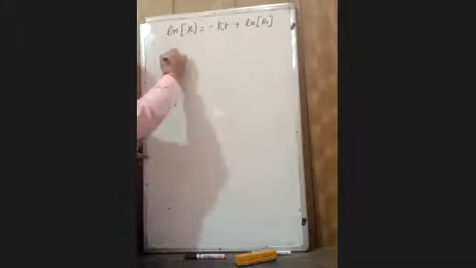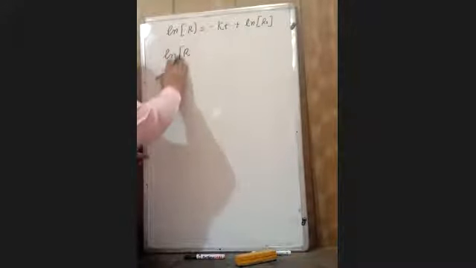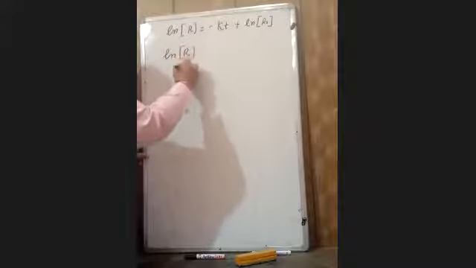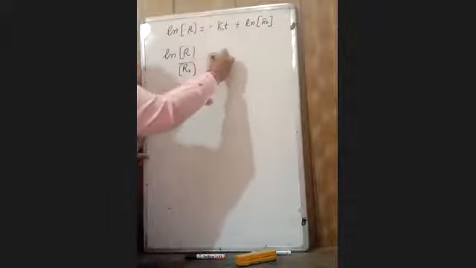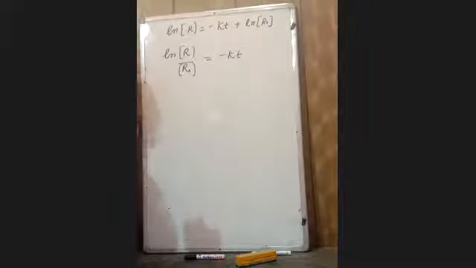Minus kt plus this. Take care. ln R naught minus ln R is equal to kt. Now log a minus log b is your log a by b.